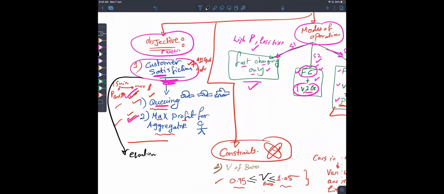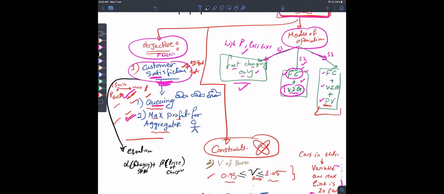It will be something like alpha multiplied by, for example, the charging speed, plus beta multiplied by the price of charging, something like this. It will be an equation that I need to make based on, for example, a literature review.